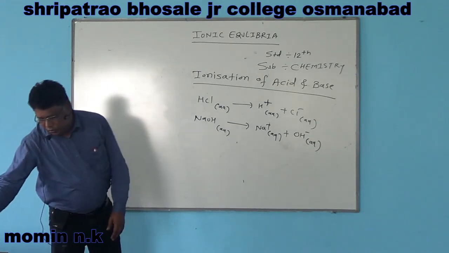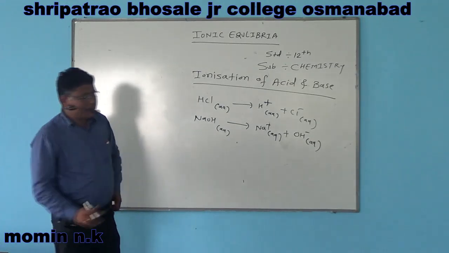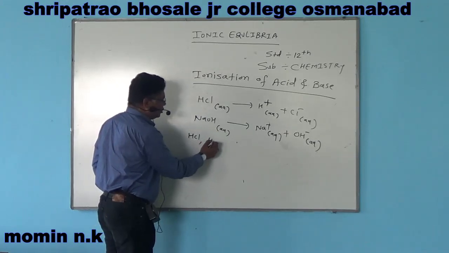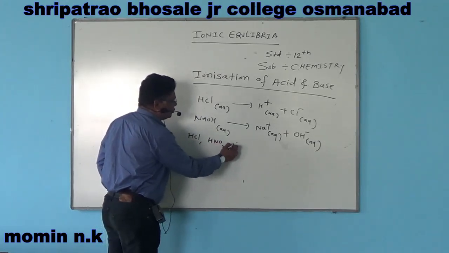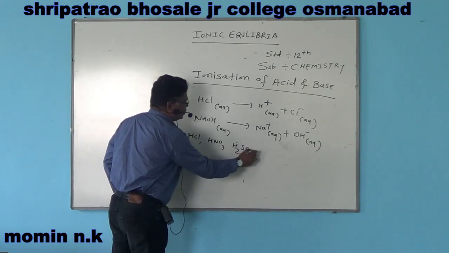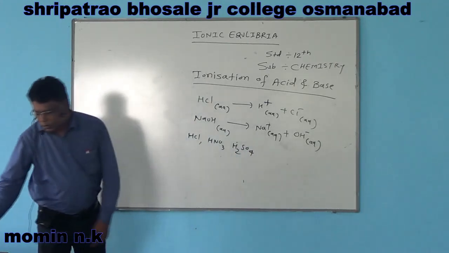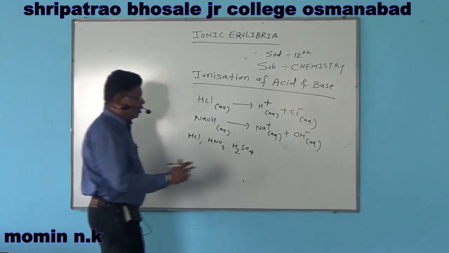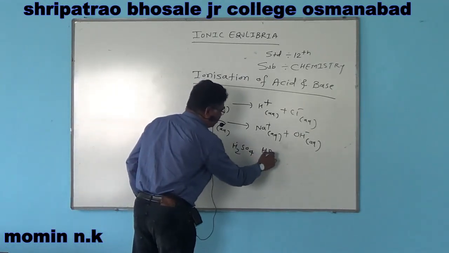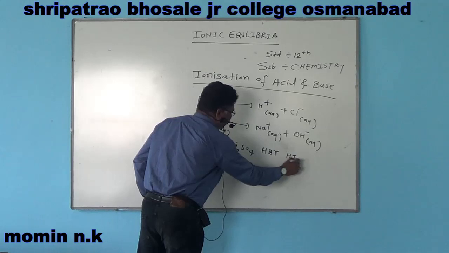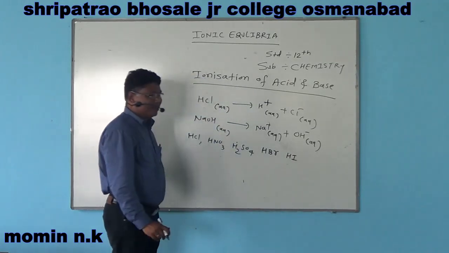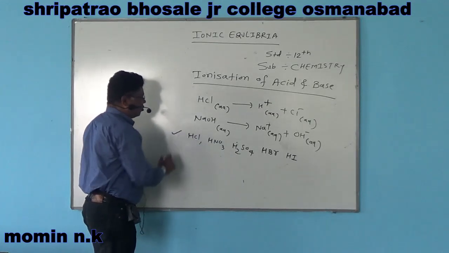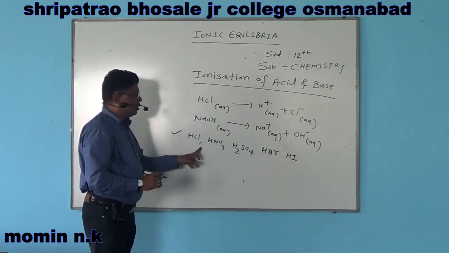Here you know that HCl, hydrochloric acid, nitric acid, sulfuric acid H2SO4, similarly hydrogen bromide HBr, and hydrogen iodide, that is hydroiodic acid, are all examples of strong acids.